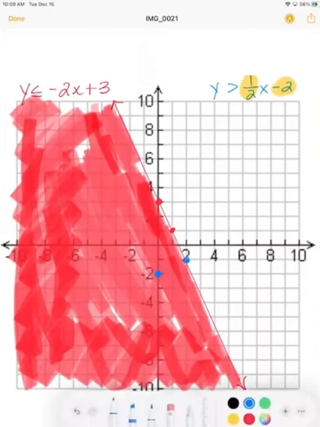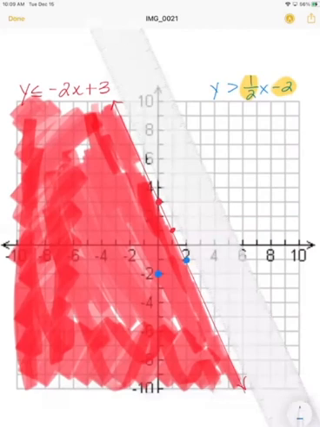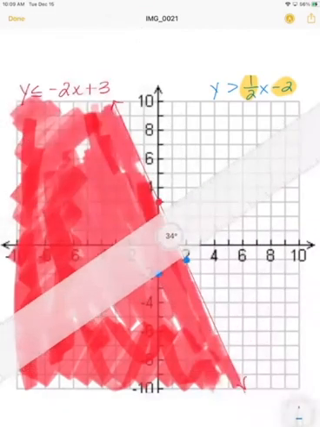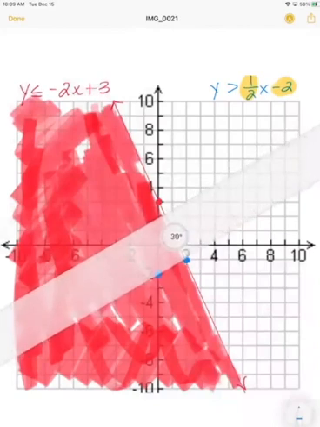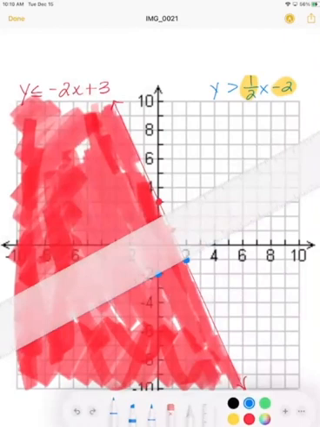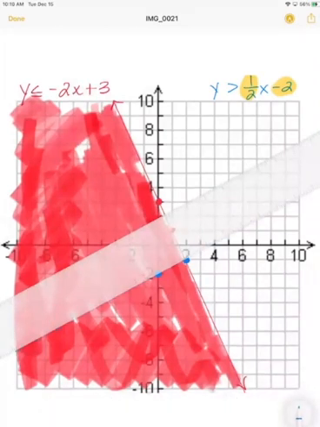And then I am going to draw my line. It's not supposed to be a solid line because it is a greater than, it does not have an equal to. So I am going to do a dotted line such as the one that I am doing now.